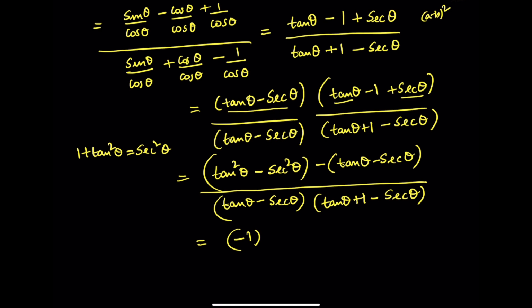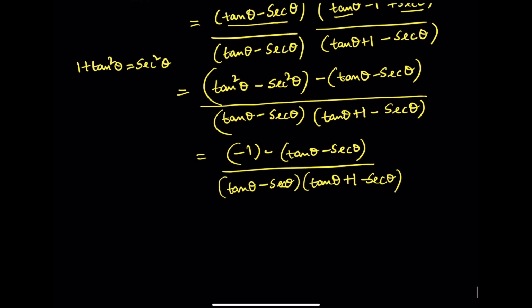So minus 1 times minus 1 minus tan theta minus secant theta divided by tan theta minus secant theta times tan theta plus 1 minus secant theta. So let's rearrange it now and see what we arrive at.